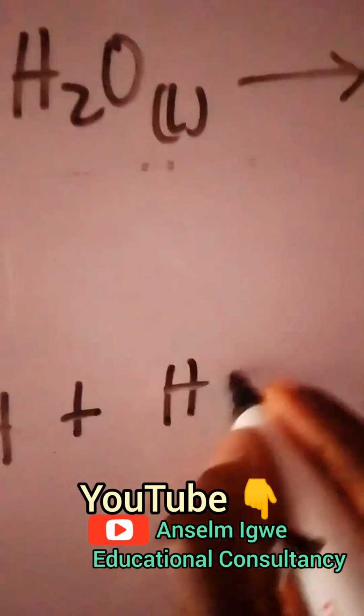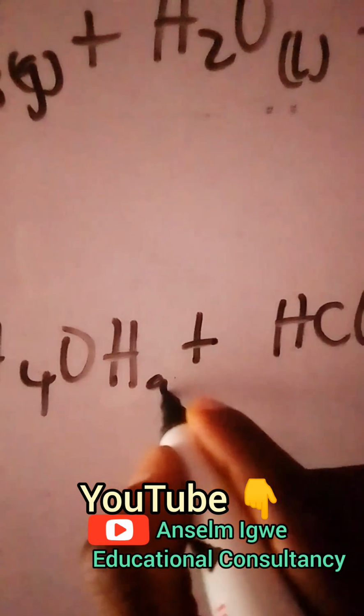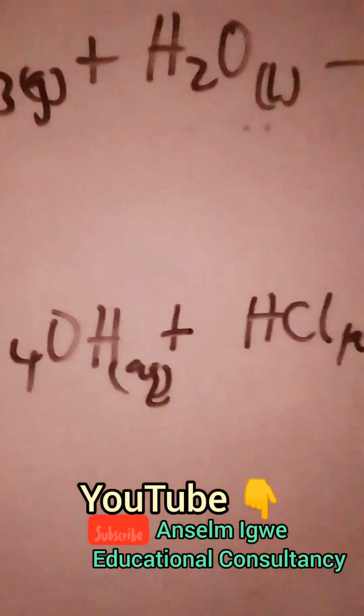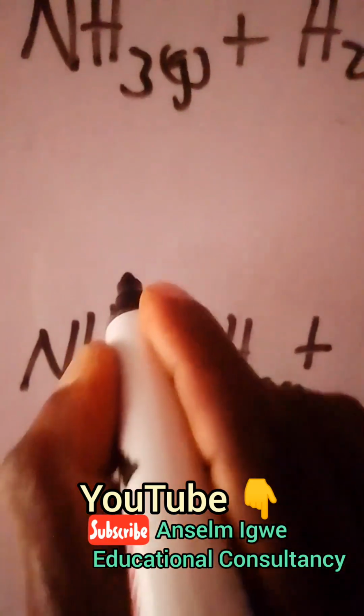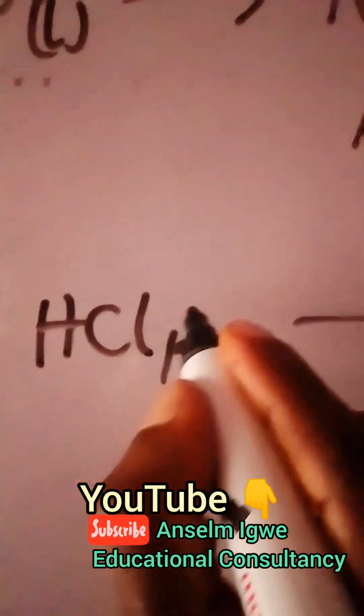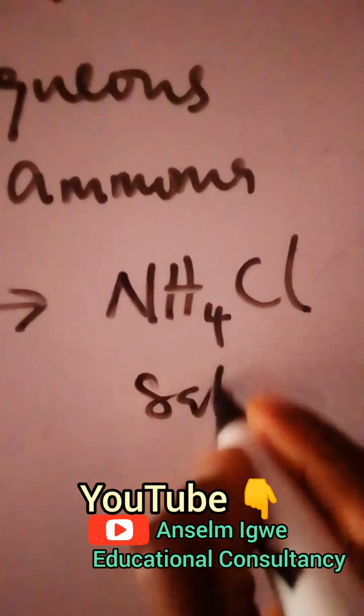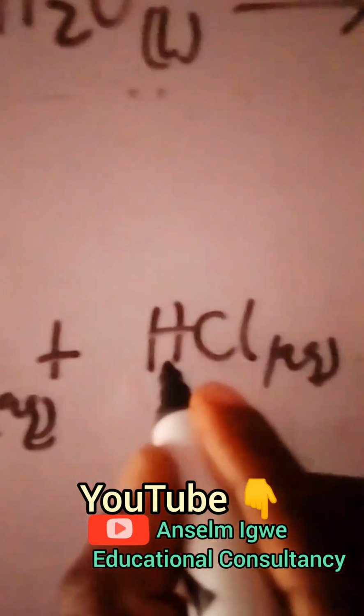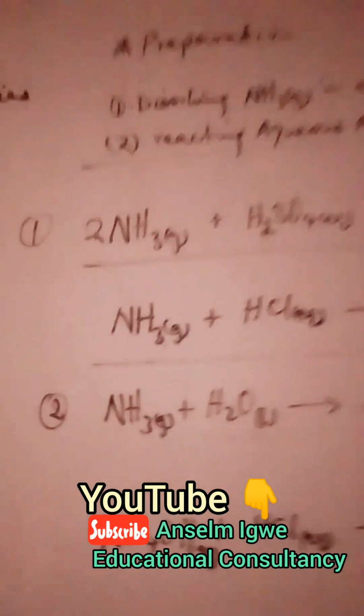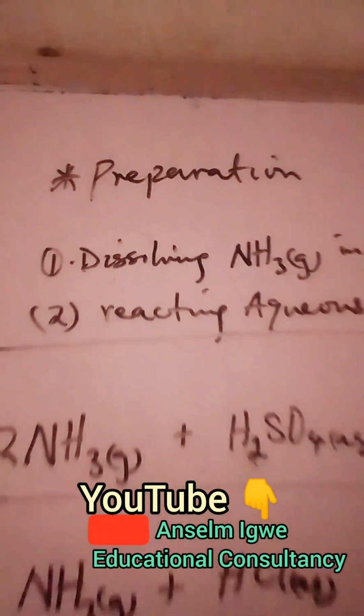Let's use HCl, aqueous. So when they dissolve, remember NH4 plus is here. It will attack the chloride part of the acid, and we have NH4Cl. This is a salt. The remaining OH and H will form water. So that is the second method of preparing ammonium salt.